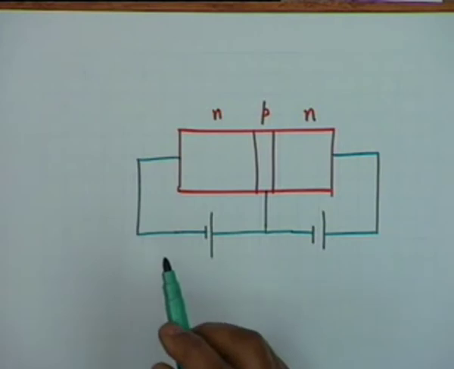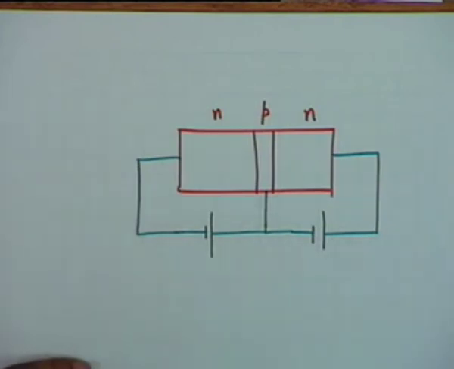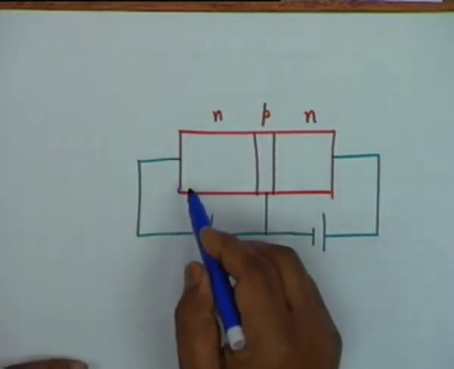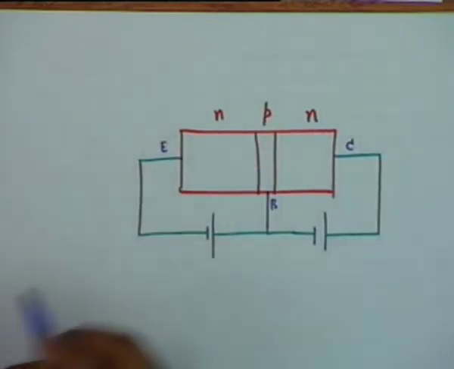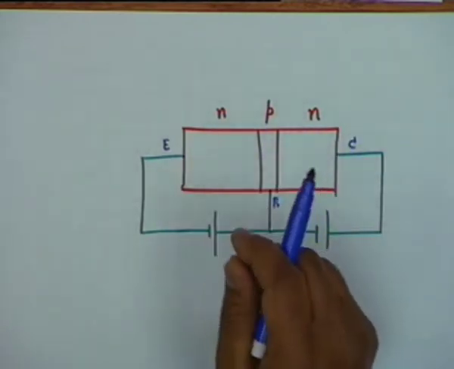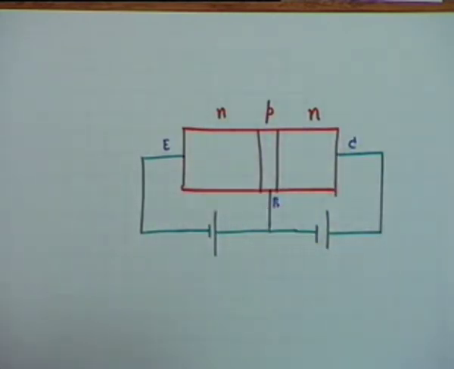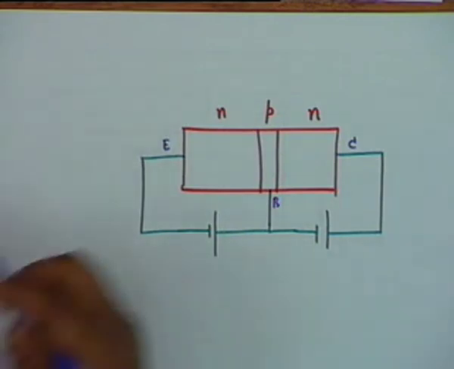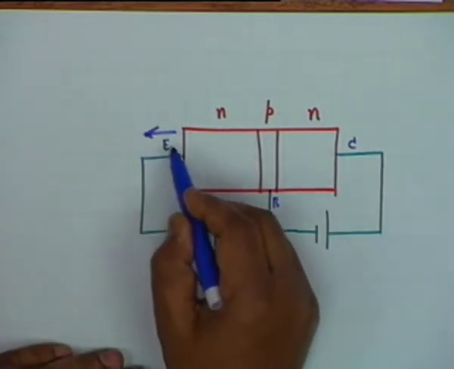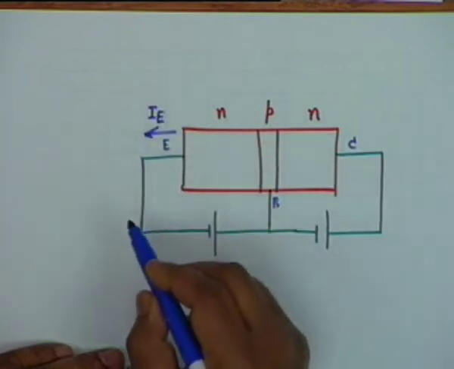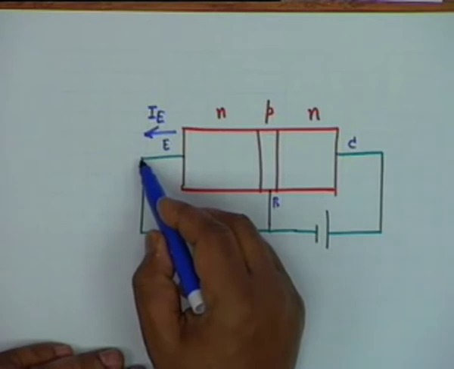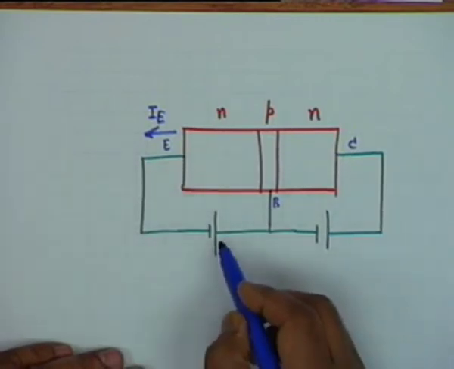Now notice carefully what is happening. Let me name them: emitter, base, collector. This emitter emits electrons. When it emits electrons, what is the direction of current? Current is in the opposite direction, and therefore when the emitter emits electrons, a current IE flows out of the emitter terminal into the battery.